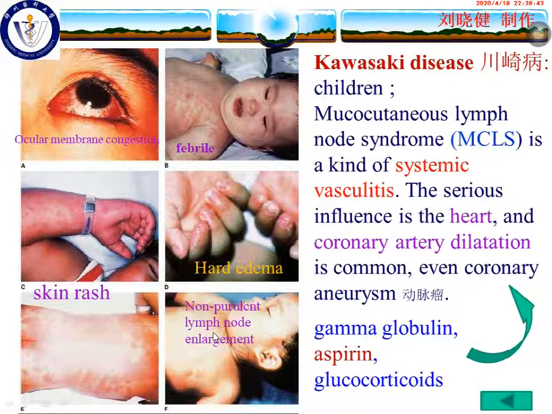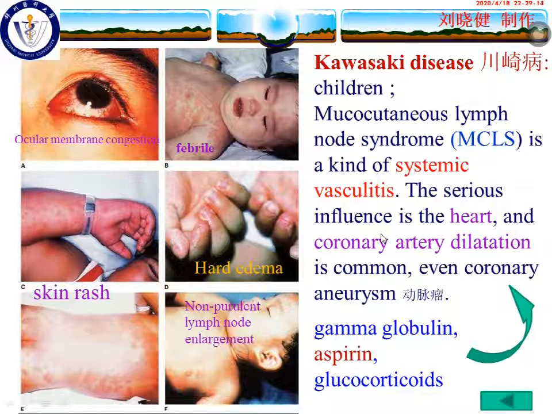The serious influence is on the heart. And coronary artery dilation is common, even coronary aneurysm. Actually, this is the most serious complication caused by this disease. Try to avoid Kawasaki disease developing into this serious result.